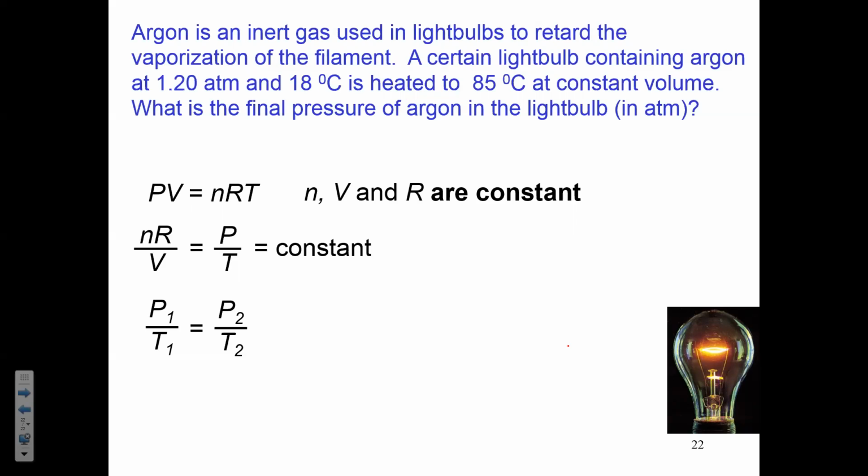So here we have 1.2 ATM, 18 degrees Celsius and 85 degrees Celsius. Then you should have gone for the equation that has pressures. So pressure is here, V1, V1, T2, and we don't know the pressure.